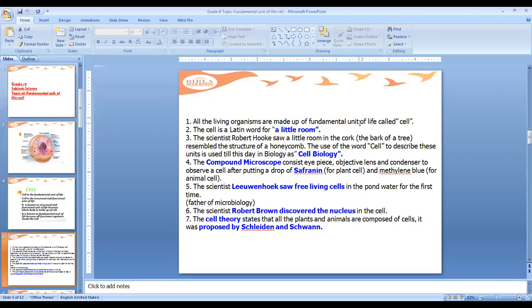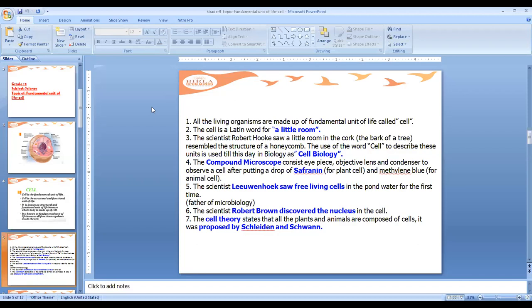He kept a thin slice of this cork under a microscope and observed it. He saw that there are small little rooms, just like a honeycomb. You have seen the honeycomb? Yes, ma'am. A honeycomb looks like it has so many small holes.